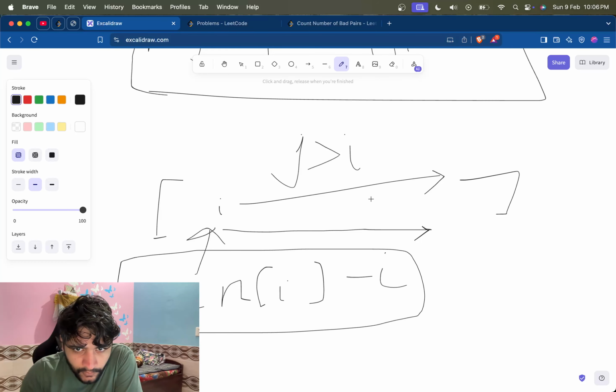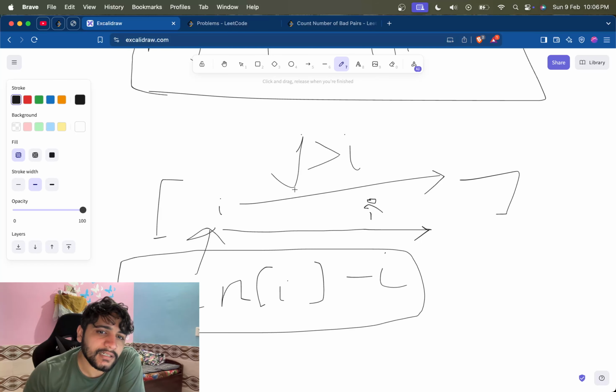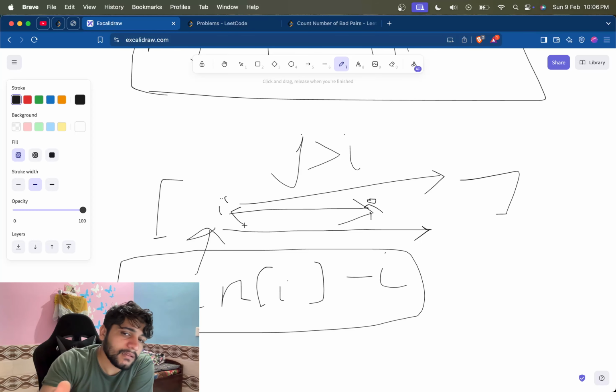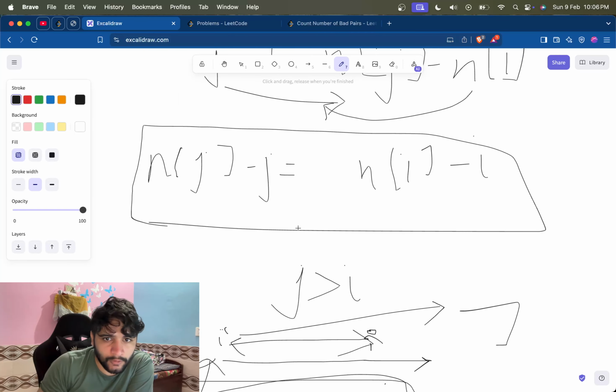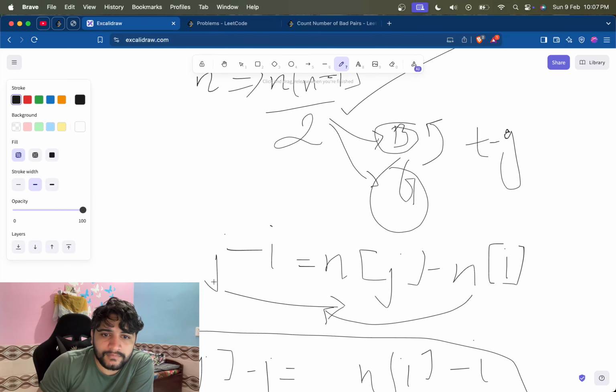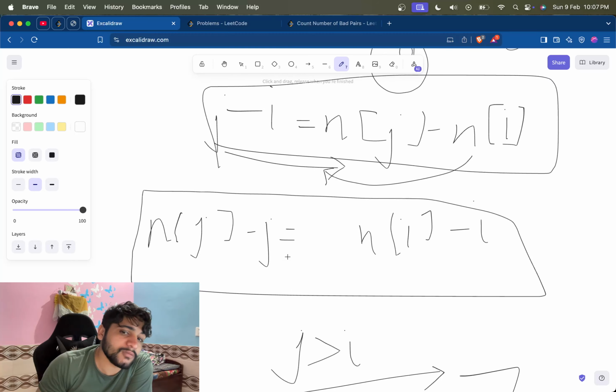Let's say when we reach here, we again get a value of x for nums[i] minus i, it means this index and this index form a good pair, because they hold this true, that they have this value equal, and j minus i is equal to nums[j] minus nums[i], which holds for a good pair.